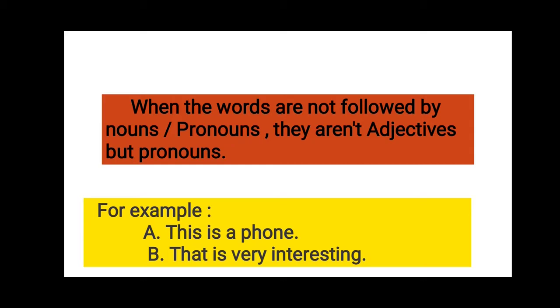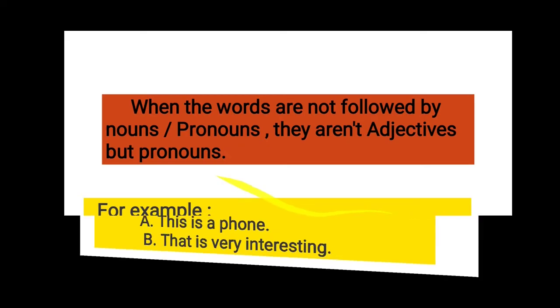The word this is not followed by any noun or pronoun. Again, in number B, that is not followed by any noun or pronoun. That's why they are not demonstrative adjectives, but instead they are demonstrative pronouns. So student, it is very simple. If these words, this, that, these and those, are followed by nouns or pronouns, then they are demonstrative adjectives. But if they are not followed by any noun or pronoun, then they are demonstrative pronouns, not adjectives.